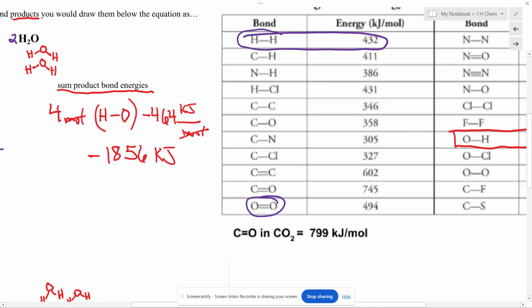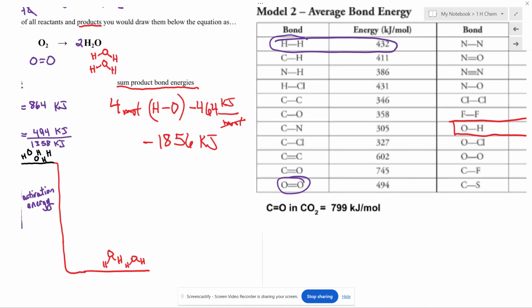So in this reaction, the system releases this much energy when the bonds are formed.